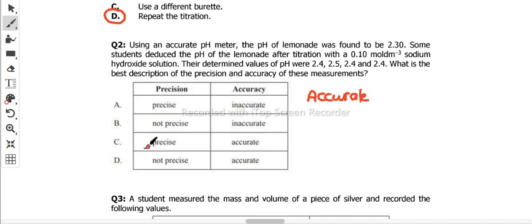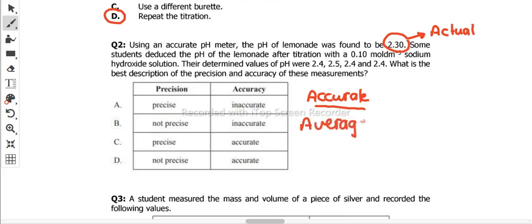we need to go through the average calculation for the pH values for the 4 trials, and we're going to compare it with the actual, which is the literature. So this is my actual. The first step is to find out the average.